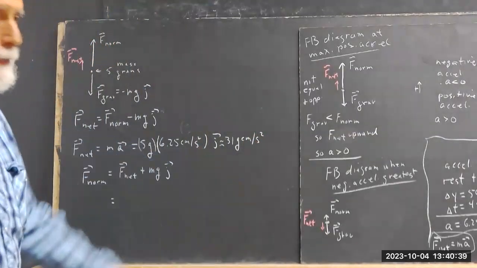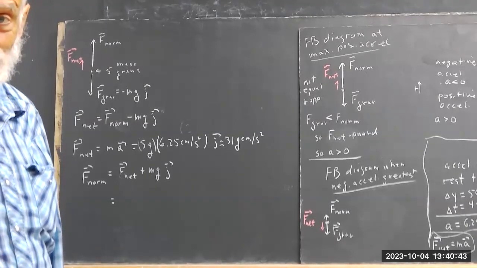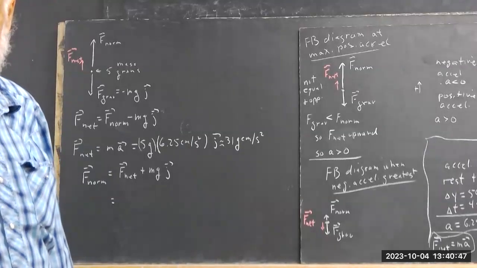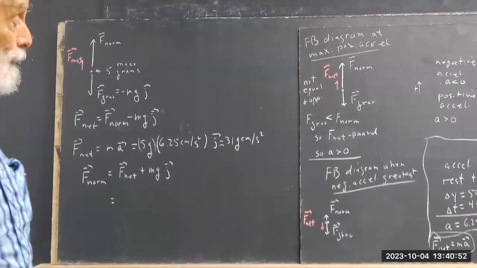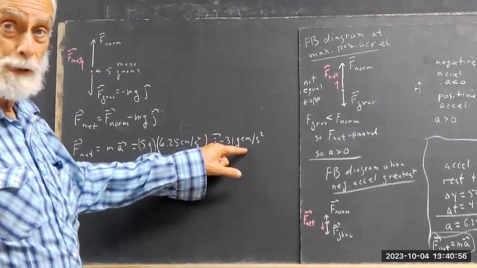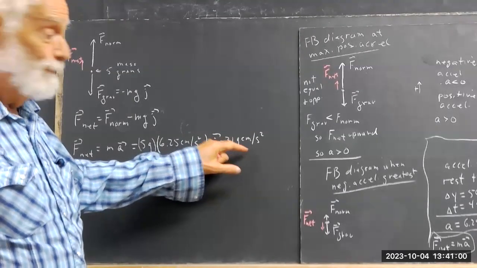Well, a gram is 1/1000th of a kilogram. Okay. And a centimeter is 1/100th of a meter. So you got 1/1000th of a kilogram times 1/100th of a meter gives you 1/100,000th of a newton. That's just what that unit is.